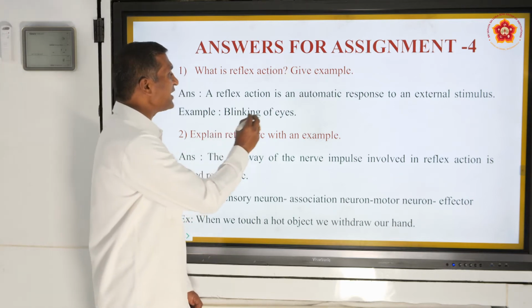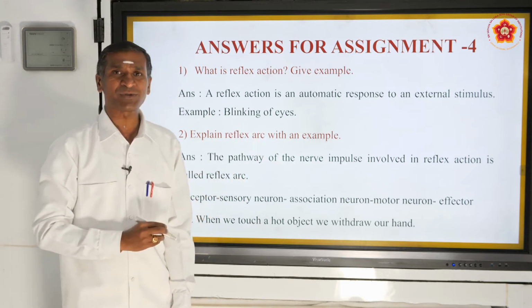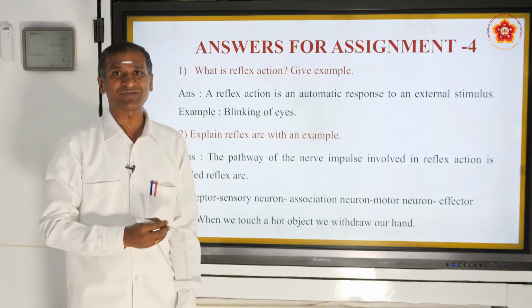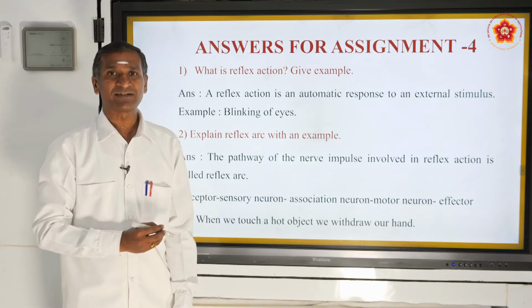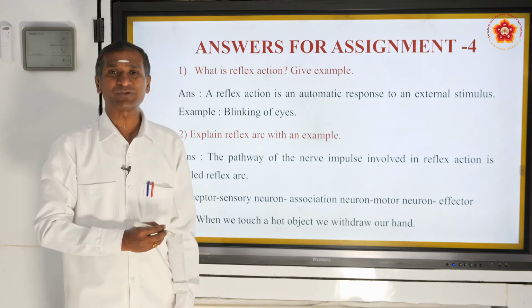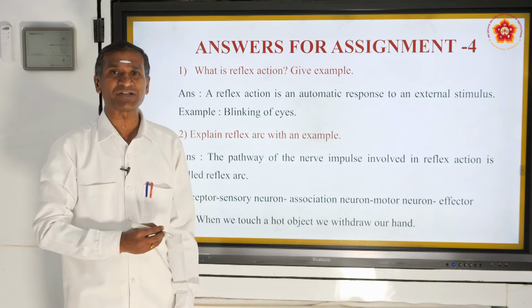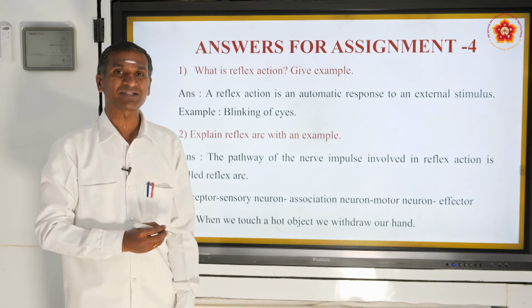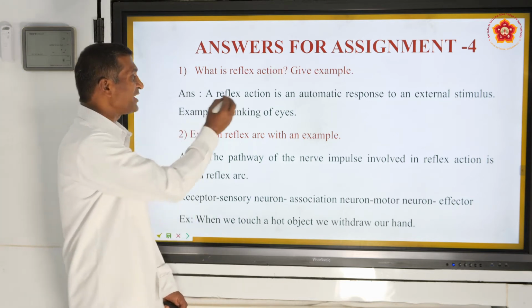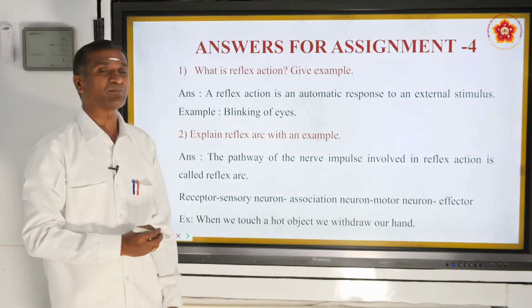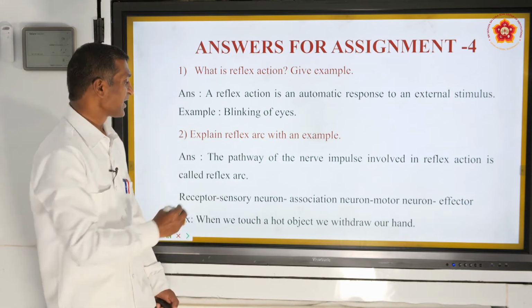Example, the blinking of eyes. When do the eyes blink? When dust falls, when small minute flies start to move in front of our eyes, then the eye starts to blink. The blinking of eyes is an example for reflex action.